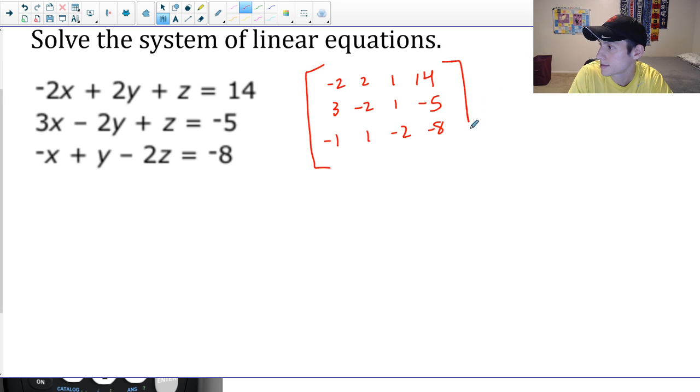Okay, and this creates what's called a matrix. We'll talk more about matrices later on in a few weeks, but it's just kind of preliminary.